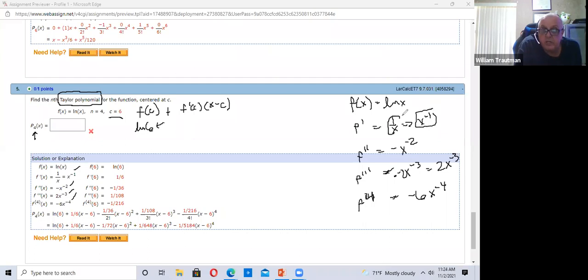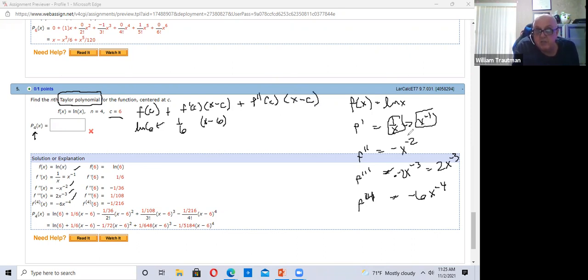You plug 6 in there, you get 1/6 times x minus 6. c is 6. Why do I have this extra x here? The x goes inside the parentheses. There we go.